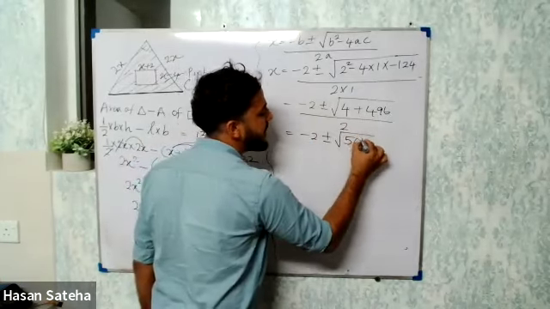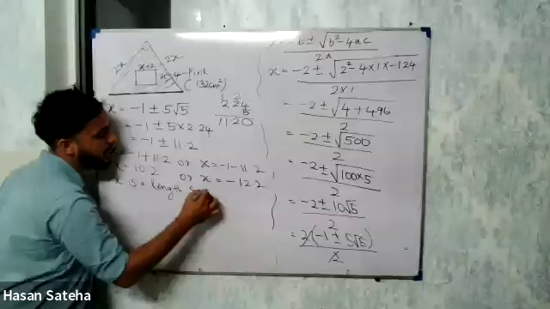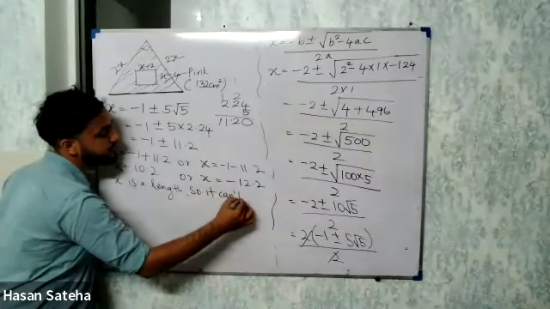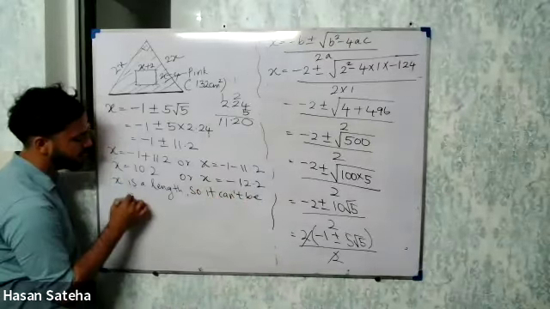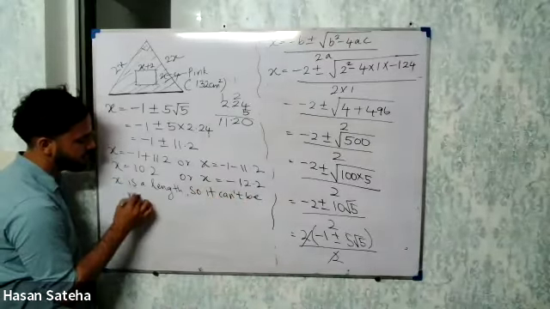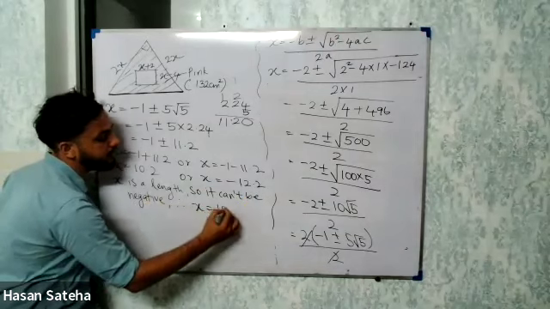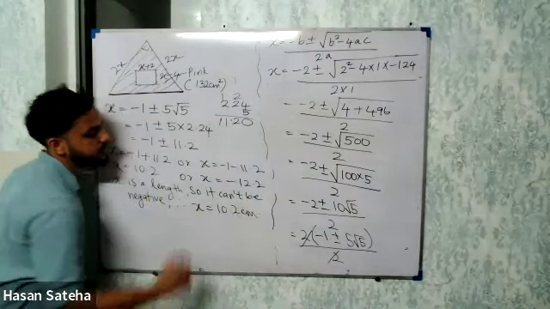Now you can tell x is a length, right? Again, the same thing. X is a length, so it can't be negative. Therefore, x is equal to 10.2 centimeters.